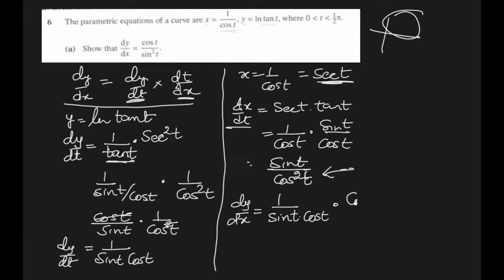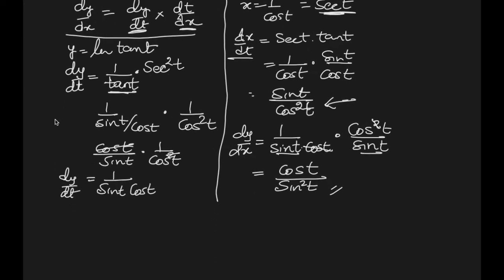So cos square will become the numerator and sine t will become the denominator. Again, cos t will cancel out with one of the cos, so cos t is the only one left on the numerator. And sine t, if they multiply, becomes sine square t. And compared with what they wanted us to show, it is exactly the same. Okay. Next.